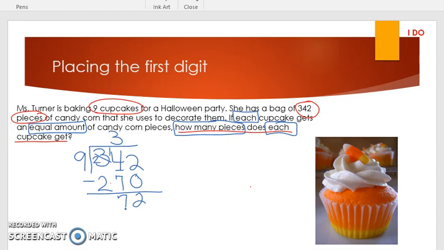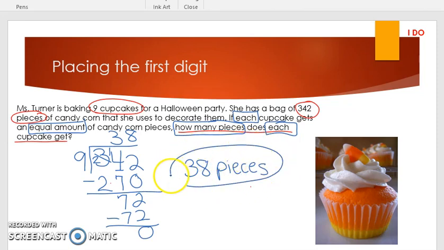Remember, division and multiplication are inverse operations. So 9 times 8 equals 72. And we're going to subtract, and we're going to get 0, so we don't have a remainder, and we find out that Miss Turner is going to need 38 pieces of candy corn on each one of her cupcakes if she divides them out equally.